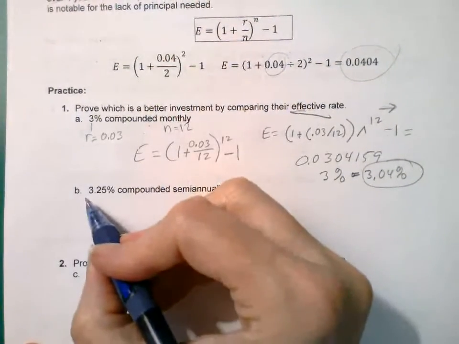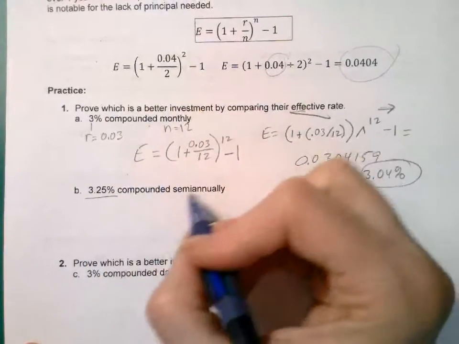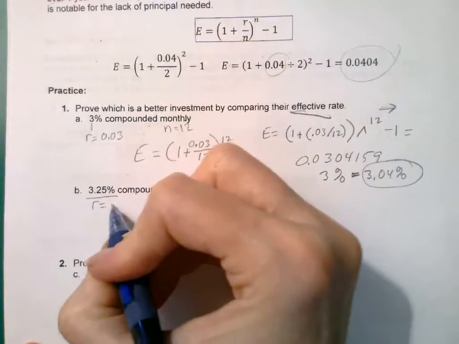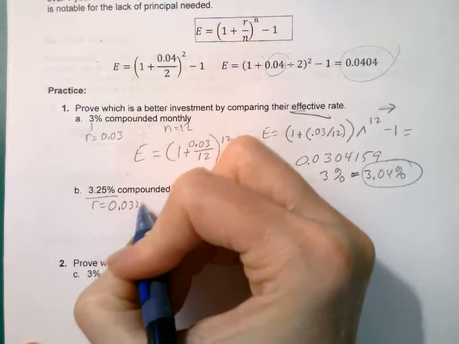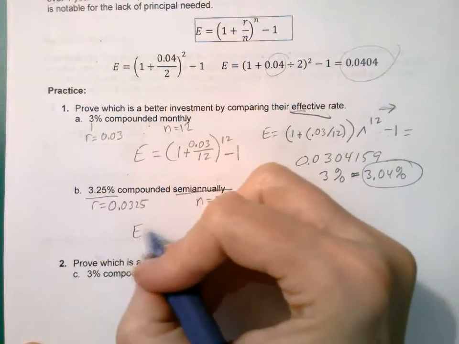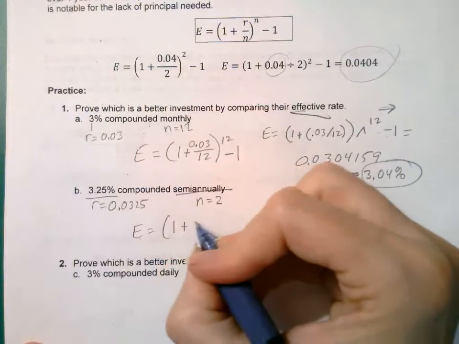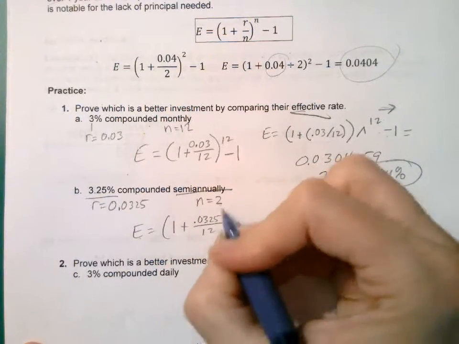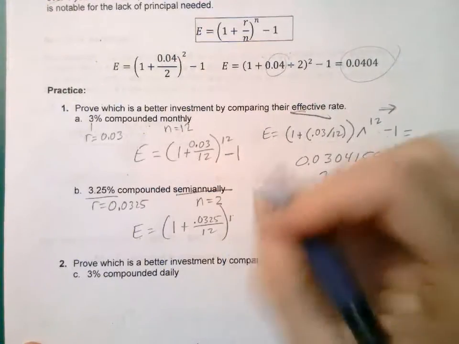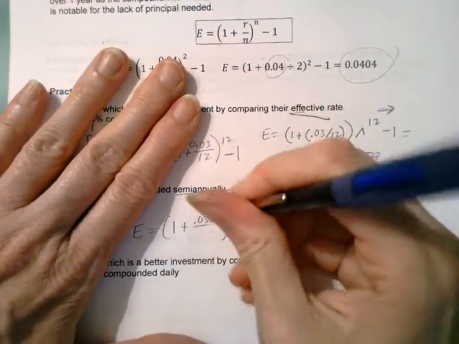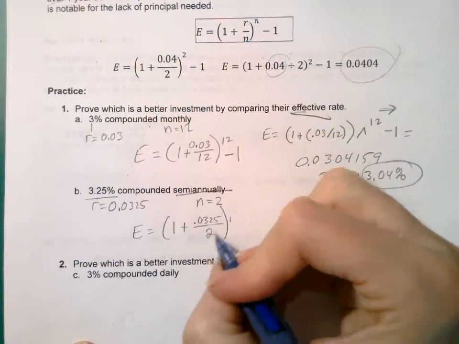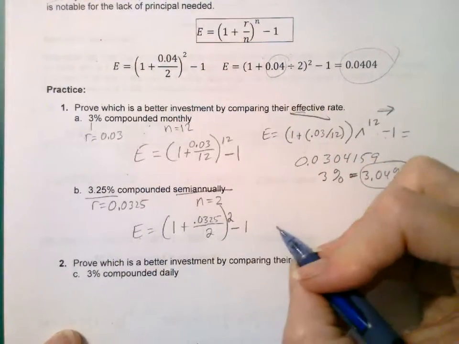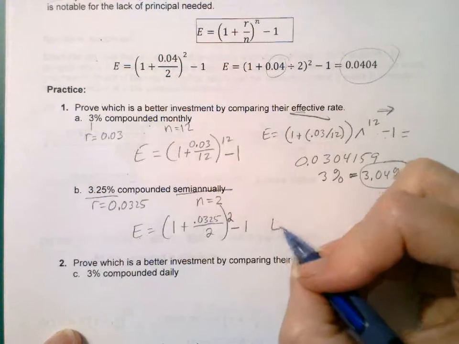All right, so how about this one semi-annually? So E equals 1 plus 0.0325 divided by 12 raised to the, oops, not 12. Our n has changed to 2. Minus 1. Don't forget that minus 1. It makes a difference.